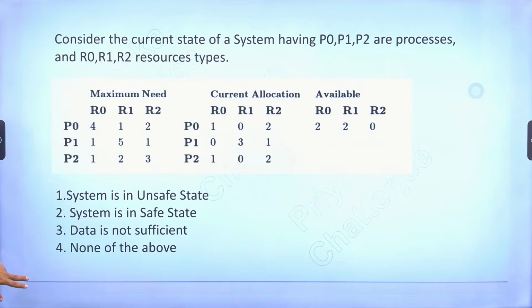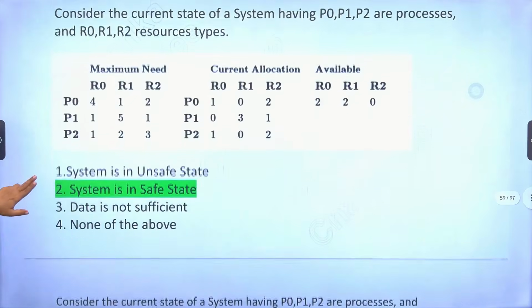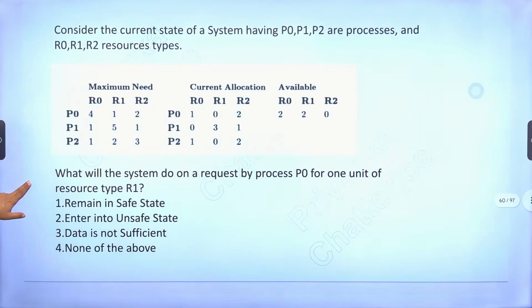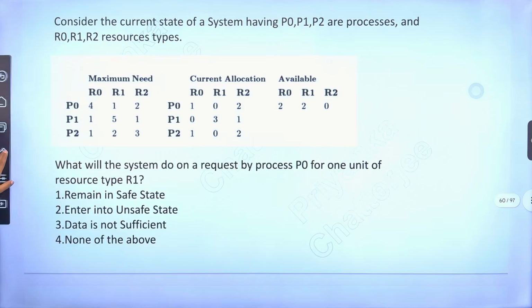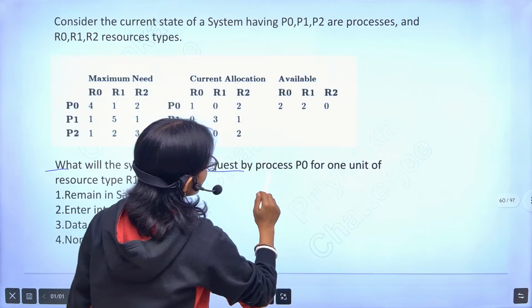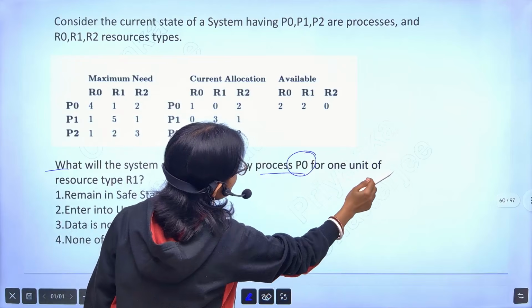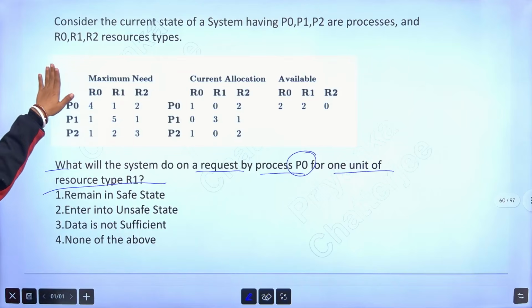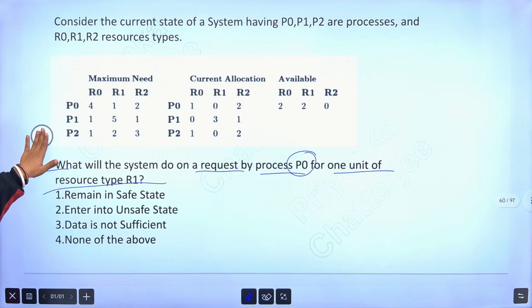And next part of this question. So this is the system safe. Next part of this question is this one. That what will be the system do on the request by process P0 for 1 unit of resource R1. This was my current situation.